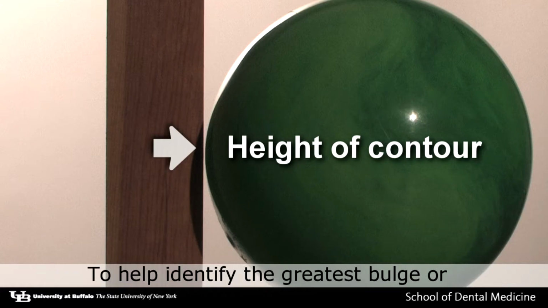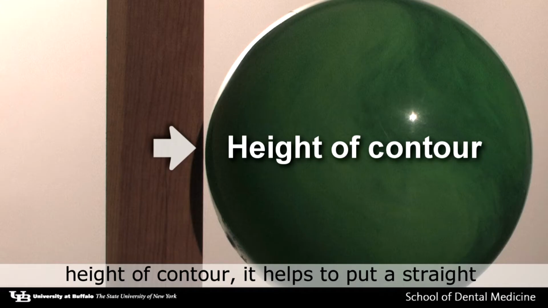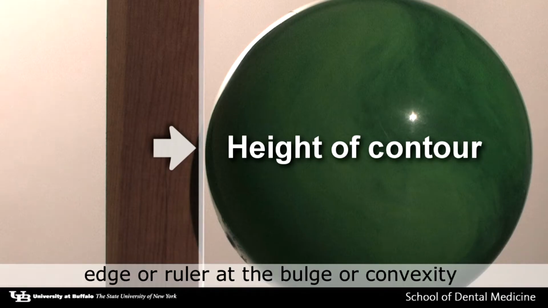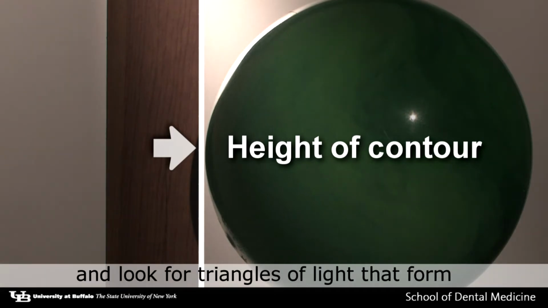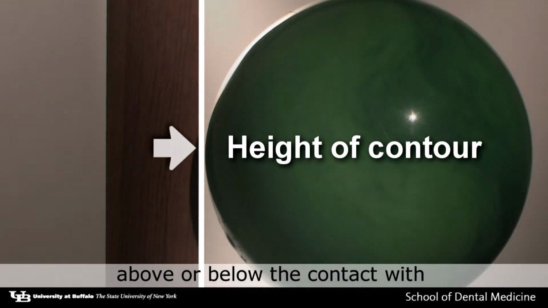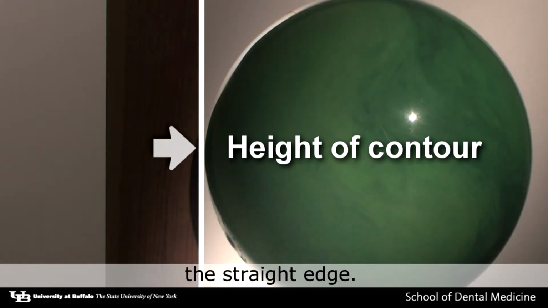To help identify the greatest bulge or height of contour, it helps to put a straight edge or ruler at the bulge or convexity and look for triangles of light that form above or below the contact with the straight edge.